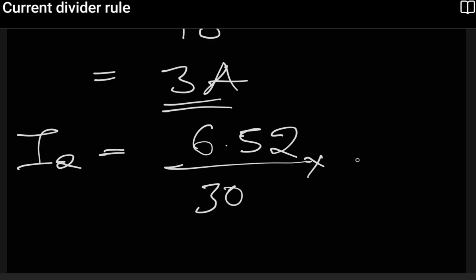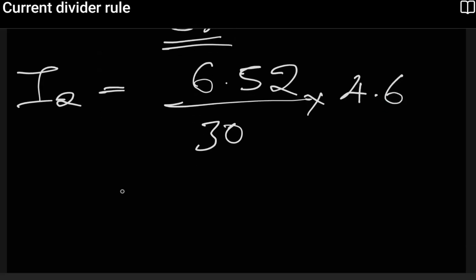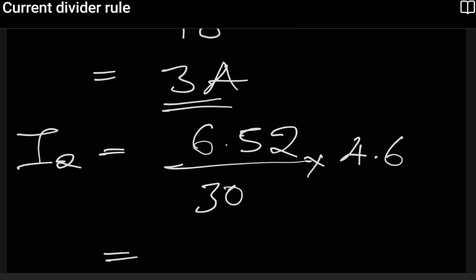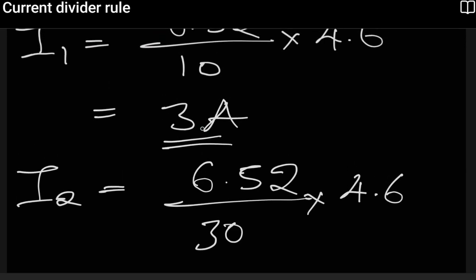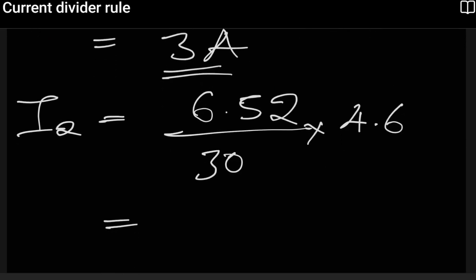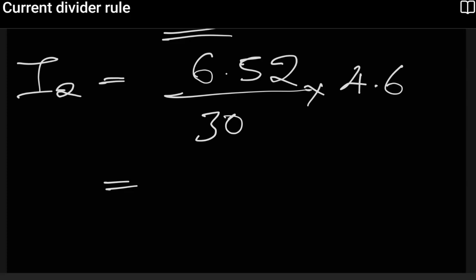Multiply this by the current from the source, which is 4.6. Doing this will give us 2.999 and so on. No, that's for I1. For I2, we're going to get 0.999 and so on, which can be rounded off to just 1 amp.